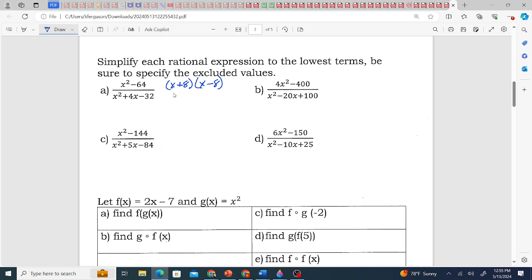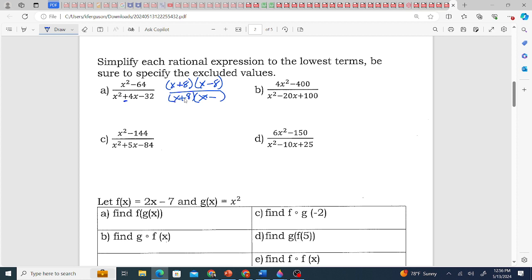Now for the denominator, I do the brute force thing. I've got two parentheses, x and x. This is minus, so my signs are different, so I've got a plus and a minus. Now I need two numbers that when I multiply them I get 32, but when I subtract them I get 4. 8 and 4. The sign in the middle is the same sign the 8 has.